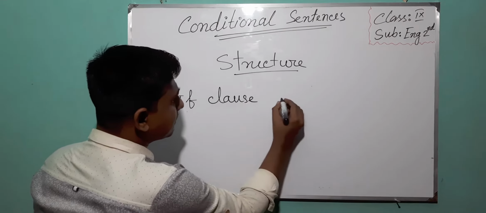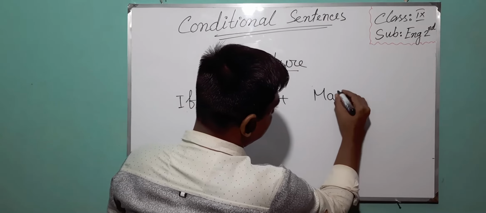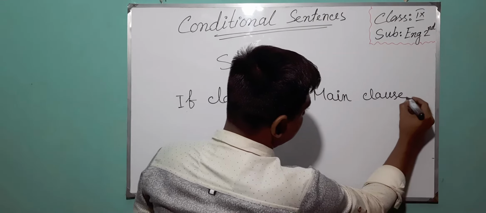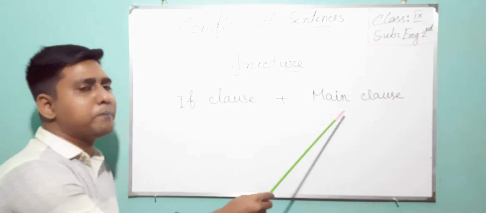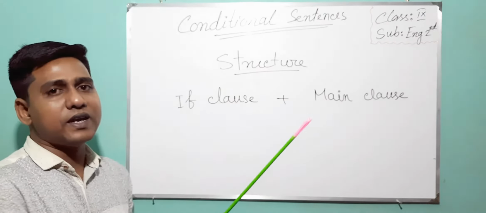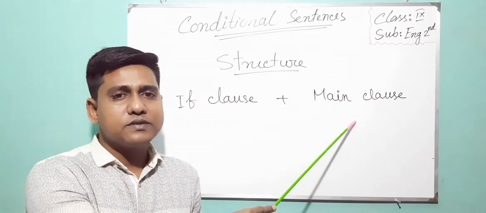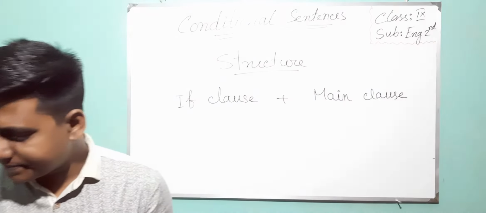If clause plus main clause. Okay. So the structure: if clause, main clause. Both clauses will make a complete sentence. If clause or if part, main clause or result part. So two parts make a complete sentence.